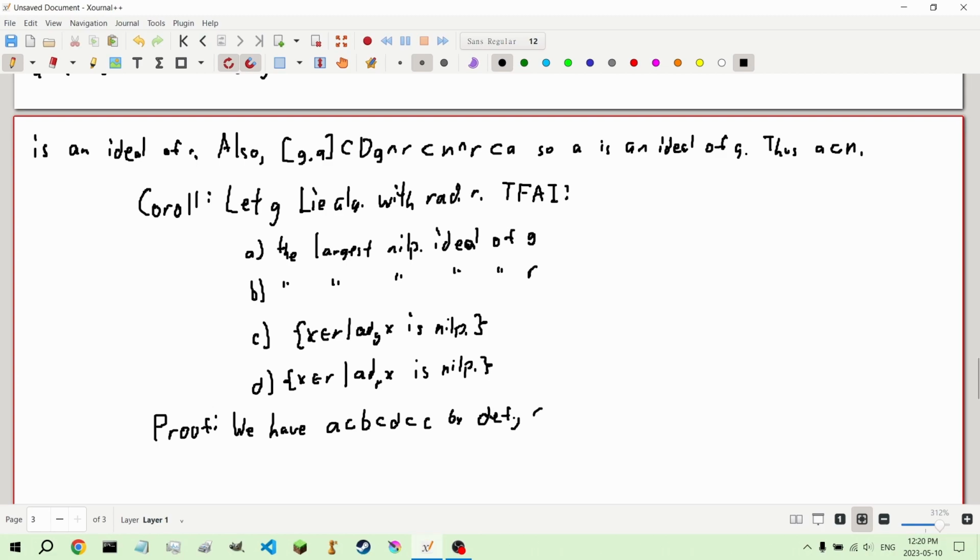And then we have C is inside of A by our previous corollary on the adjoint of G. And we will call it there.